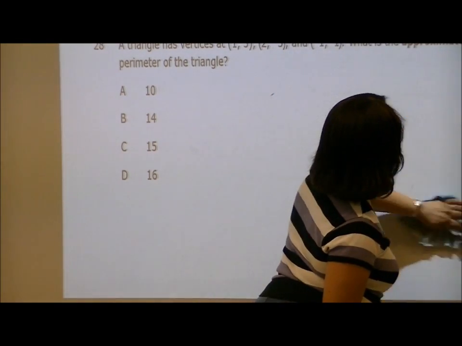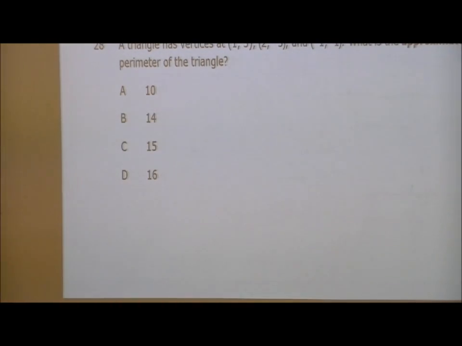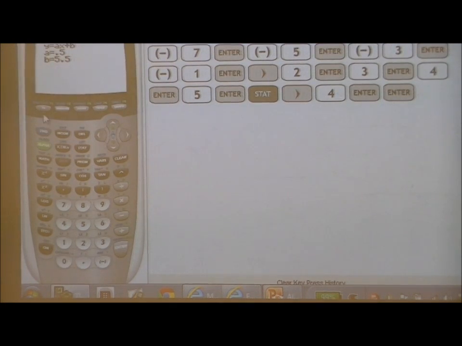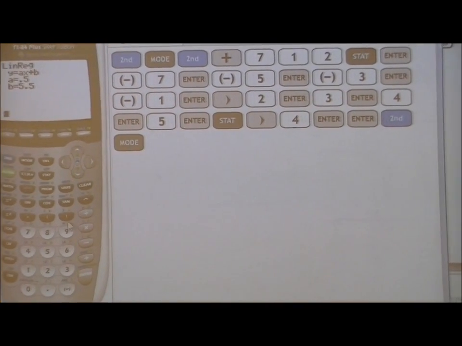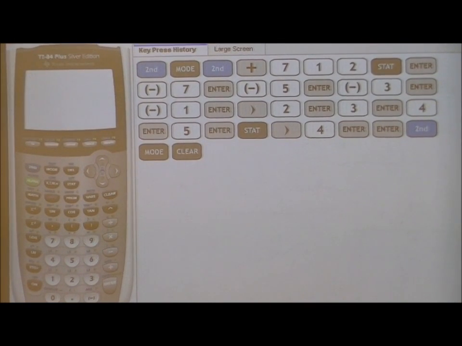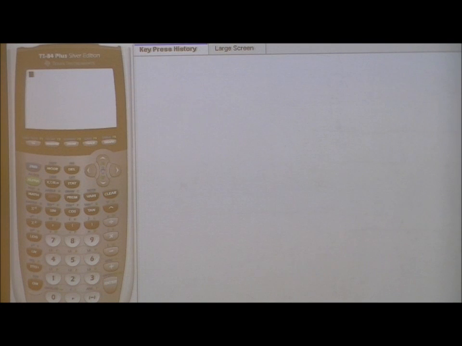So now I'm going to pull up the calculator so you can see how you would put the radicals within the calculator. Let's just clear it. I'll clear the history of what we just previously did. And I'm going to put in what we have. We had the square root of 20, so you hit second x squared to get your radical symbol, and you put in your 20 and close your parentheses.